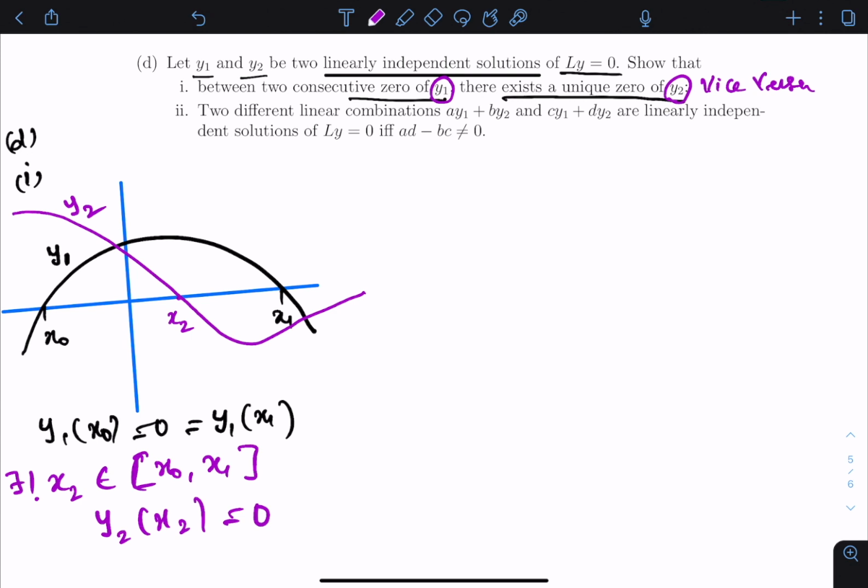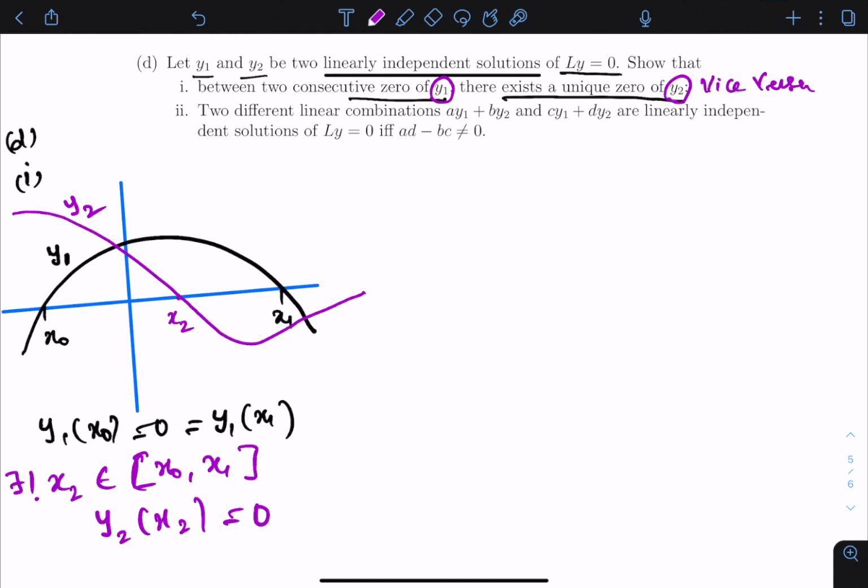So the statement is true for both. So this is what we need to show. Though we don't know how these solutions look, in spite of that, we can deduce these properties about the solutions, right? That's the beauty of doing this kind of analysis.